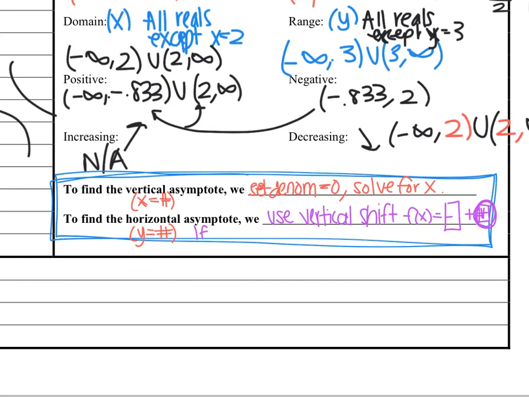If no vertical shift, we need to divide the coefficients of x, then write it as y equals whatever that number is. Okay, so y equals either the division of the coefficients of x or the vertical shift. Vertical shift is your first option.